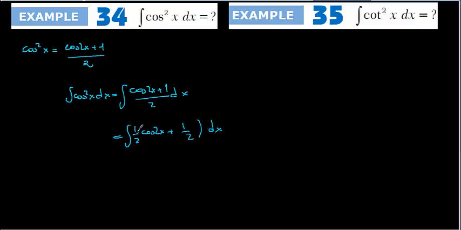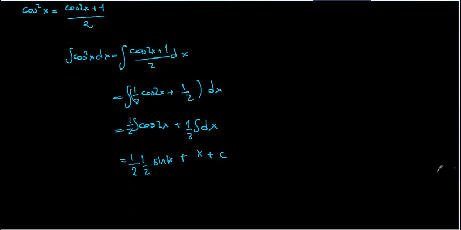I said the coefficients are not important, that's why I took the 1 over 2 outside. The integral of dx we know is equal to x plus c, and the integral of cosine 2x is 1 over 2 sine 2x. So 1 over 2 times 1 over 2 times sine 2x plus x plus c, then it's equal to 1 over 4 times sine 2x plus x plus c.